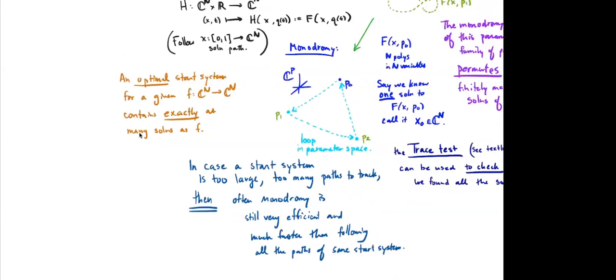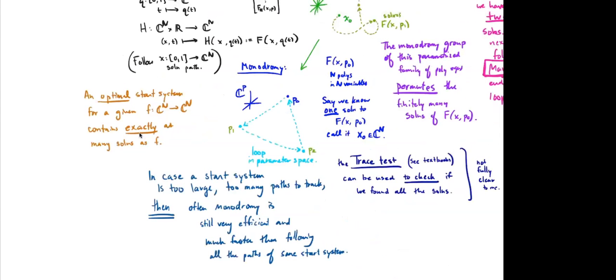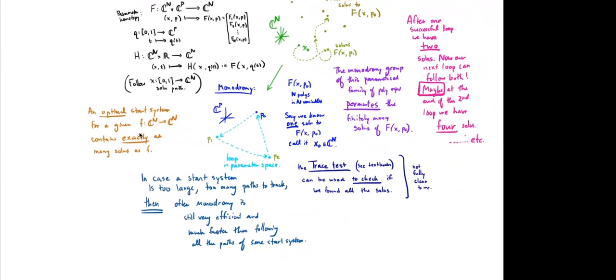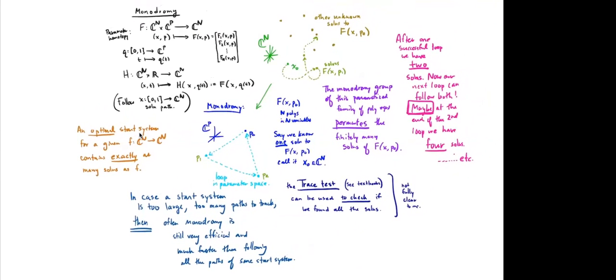Okay, so my question was slightly different. Can one interpret this monodromy loop following thing as having a start system whose solutions are somehow a permutation of the original system, and doing a homotopy there?